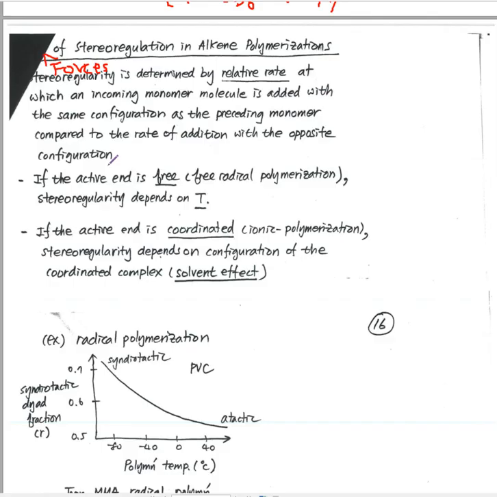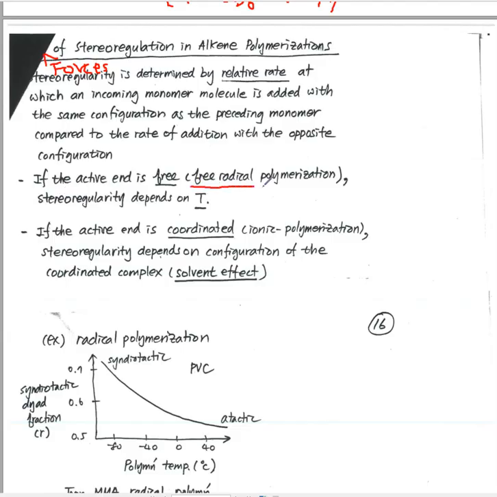So basically, if a certain polymer has a higher portion of, let's say, isotactic configuration, it means that when the monomer is added to the growing chain, it is added in the regular manner, and that regular adding is much faster than the addition of the monomer in the opposite direction. And that relative rate depends upon many different factors.